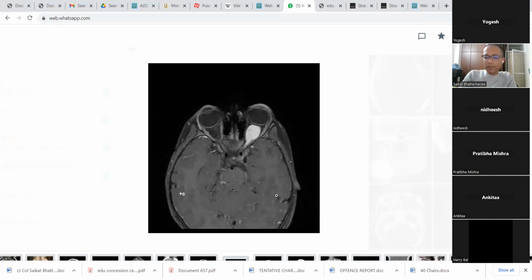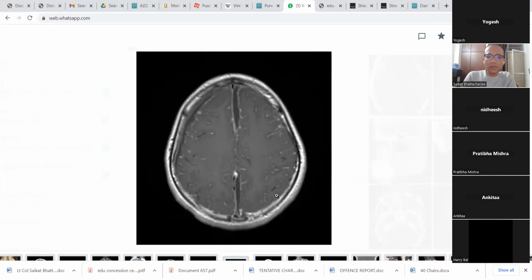There is difference in the eccentricity, the attenuation, the signal intensity, the variegation, the kind of contrast enhancement, and so on. So there are some differences.